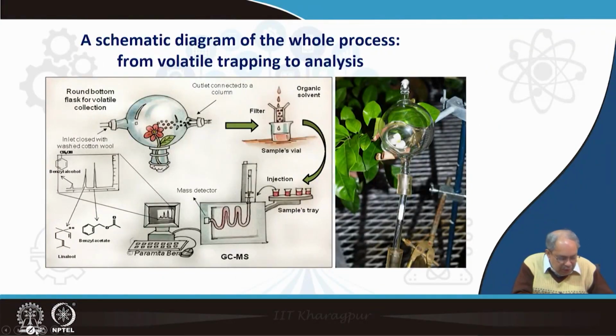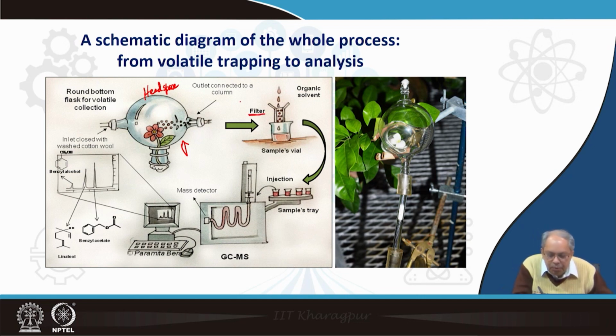Now, what I am showing here is called a floral head space. A live plant flower is inside, emitting volatiles, and this is a glass vessel, which is called a head space. The scents are emitted by the flower and this head space is filled with them. It is connected to a vacuum through a vacuum pump, and in between one has to keep a filter.